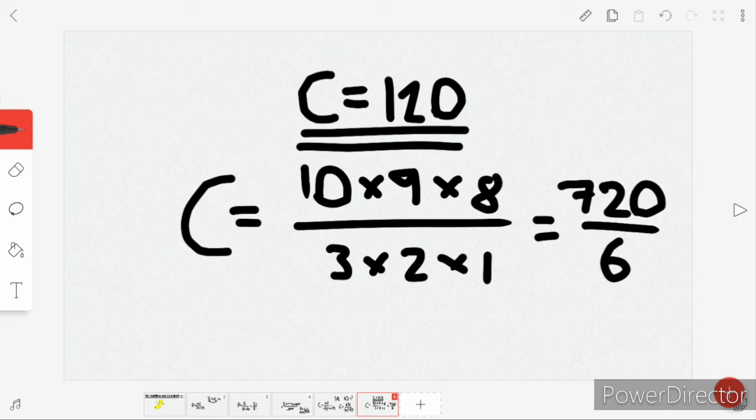And then 10 times 9 times 8 times 7, times 6, and all the way to 1, except we factored out 7 factorial on both sides, and we just got 10 times 9 times 8 divided by 3 factorial, which is just 3 times 2 times 1. So then after multiplying, we got 720 divided by 6, and then once you do that, you get 120. So you have 120 different combinations. That's how we did it.